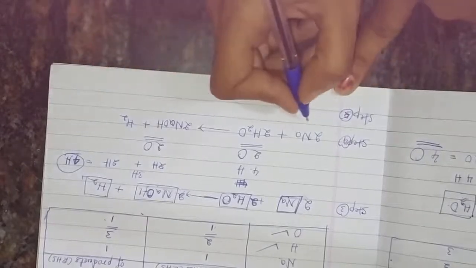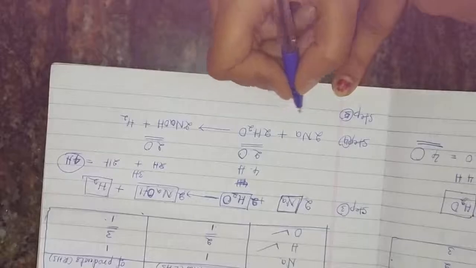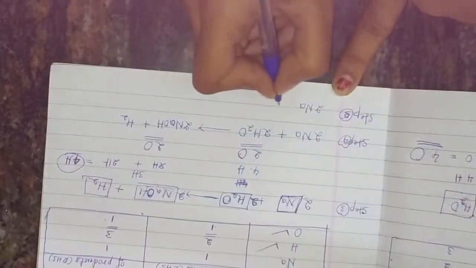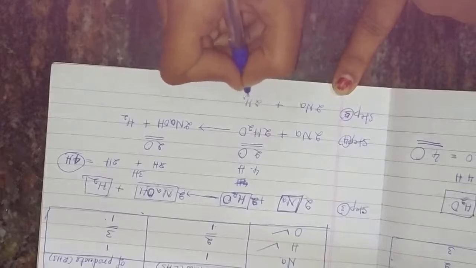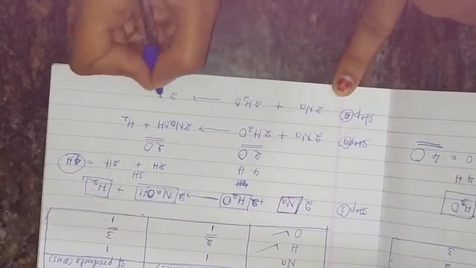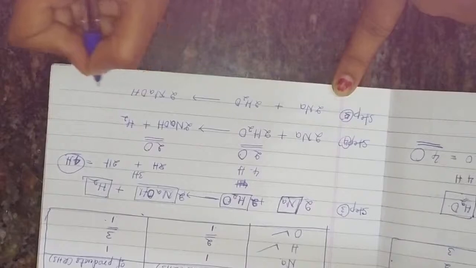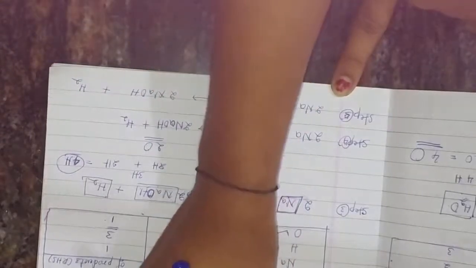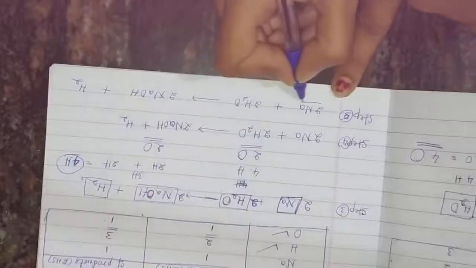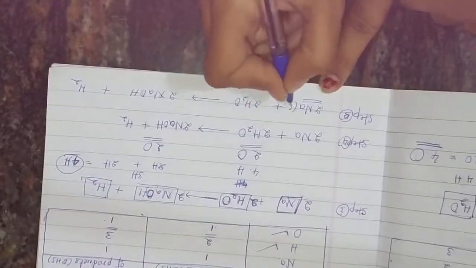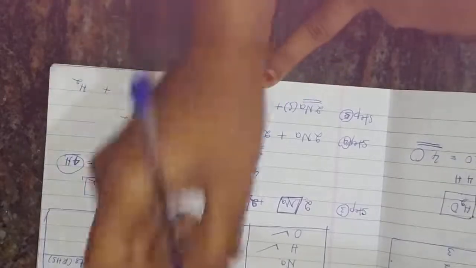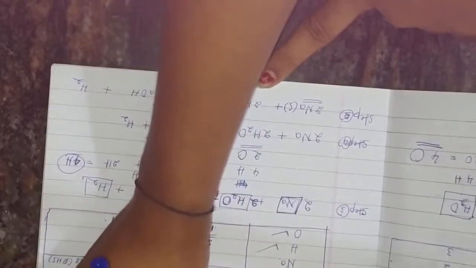Okay, in the last step we will write the symbols of physical states of reactants and products. Initially I told that sodium metal is a solid. Therefore I will write S inside the bracket. It reacts with water.